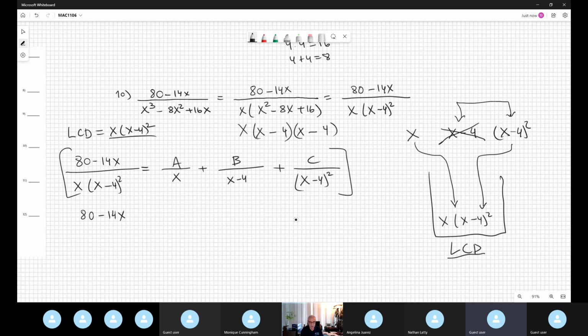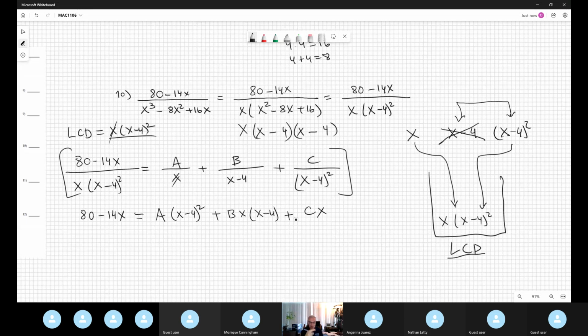Clear or confusing? Clear? I can clarify this if you want. Okay, if it's clear, no problem, we continue. So now when you multiply by the LCD, x is cancelled, and you stay with A times x minus 4 squared, plus B times x times x minus 4 linear, plus C times x.